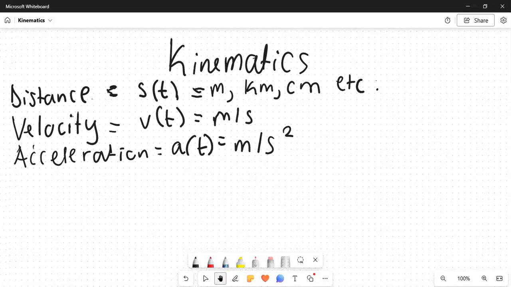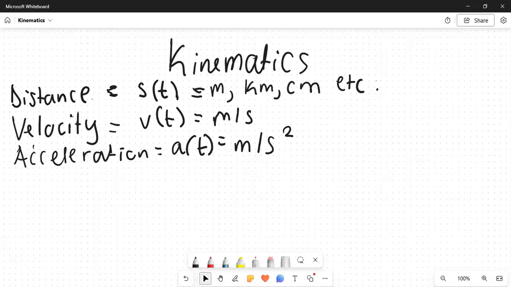Another thing I need to explain is how to find each part. If you're starting from distance and you want to find velocity, the derivative of distance is what you get for velocity.